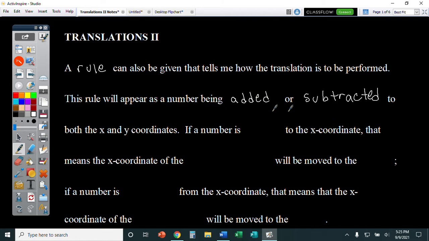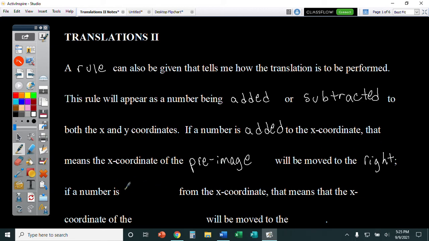Now, when we look at the x coordinate, if a number in the rule is added to the x coordinate, that means the x coordinate of the pre-image will be moved to the right, and that new coordinate will be the x coordinate of the image.